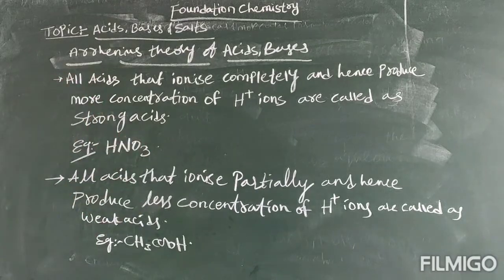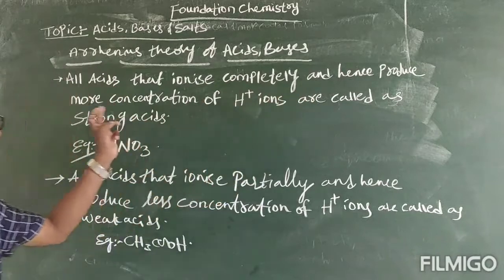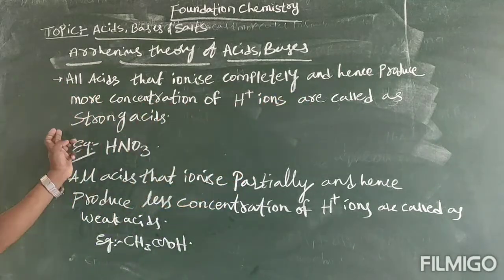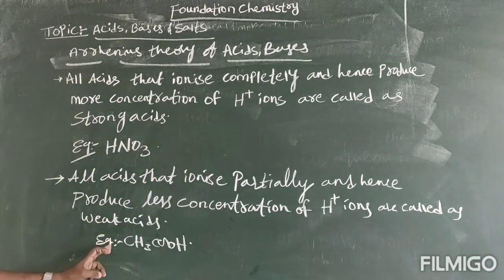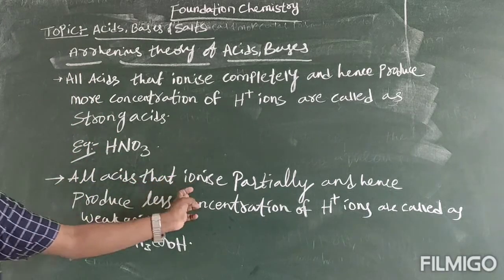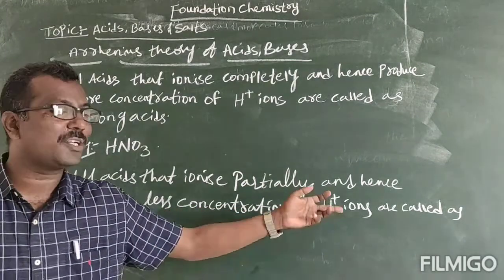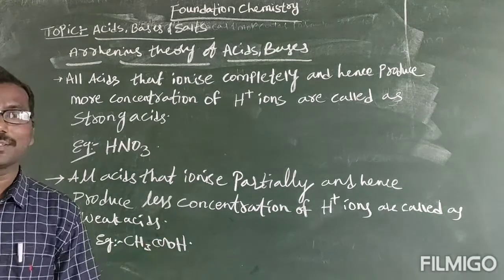Okay. See, what is a strong acid? According to Arrhenius theory, all acids that ionize completely and hence produce more concentration of H plus ions are called as strong acids. And what are weak acids according to Arrhenius theory? Means all acids that ionize partially and hence produce less concentration of H plus ions are called as weak acids.